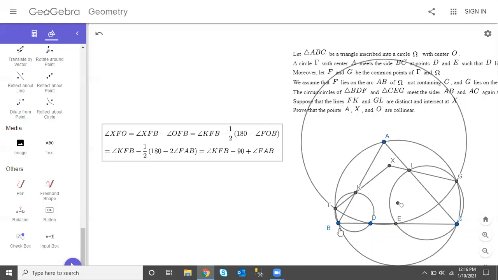I wonder if triangle FAB is similar to triangle GCA. So actually angle FBA is equal to angle GCA because they intercept equal arcs.